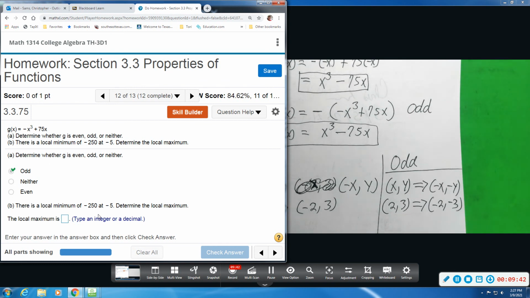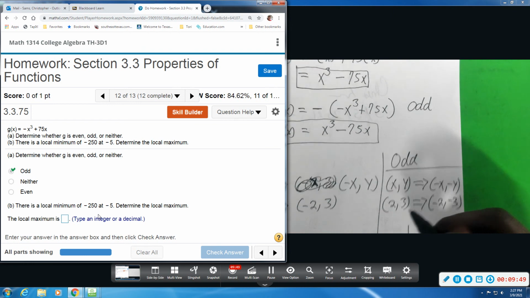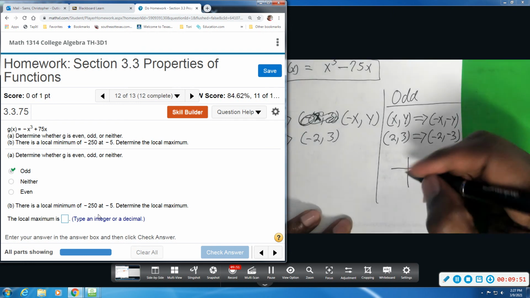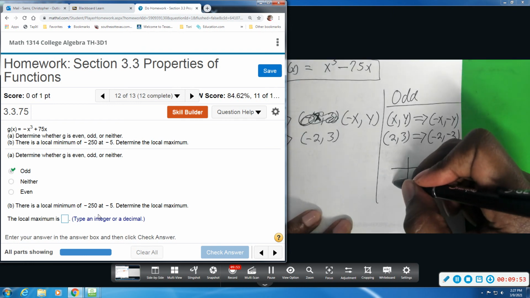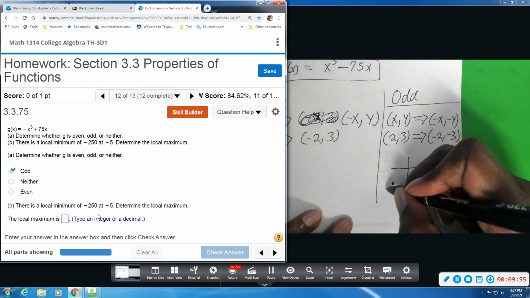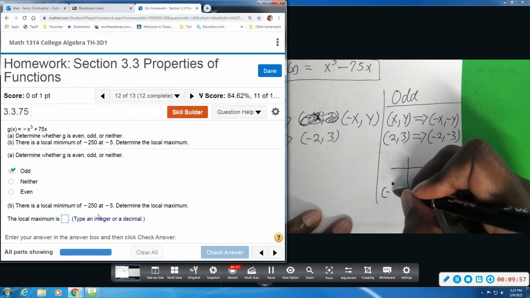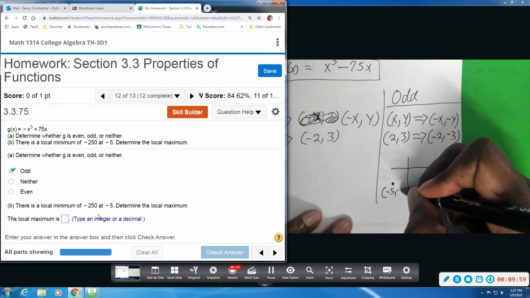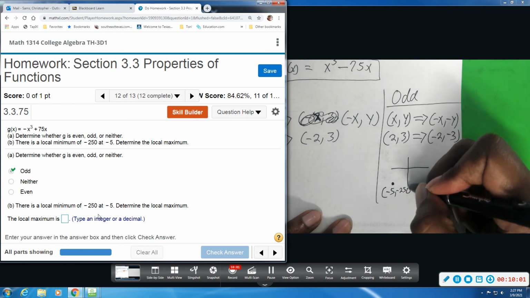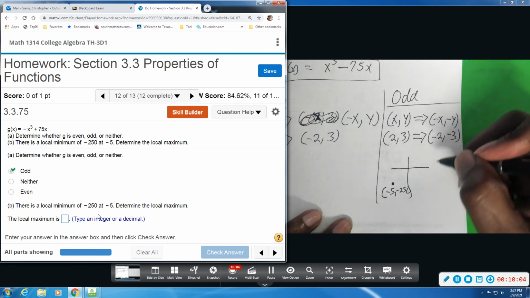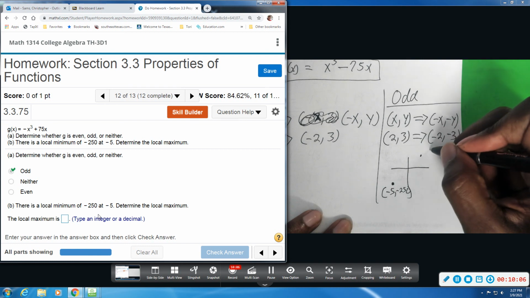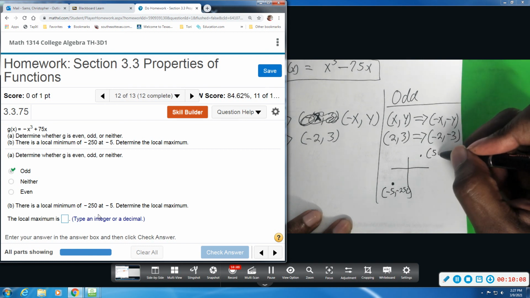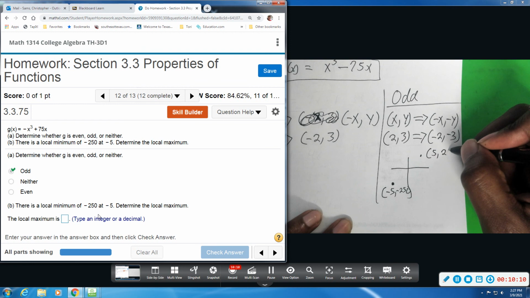And since we know that we have a minimum, I don't know what the graph looks like, but I do know somewhere over here we have a minimum, and this is a -5, -250. Furthermore, I know that if I change these values, I will have a +5, +250.